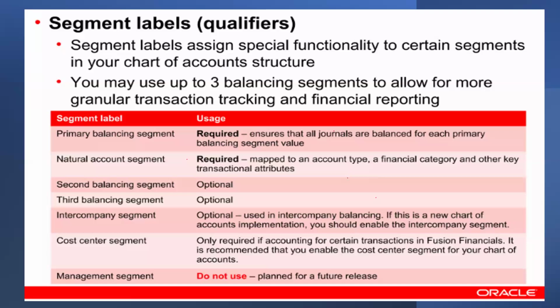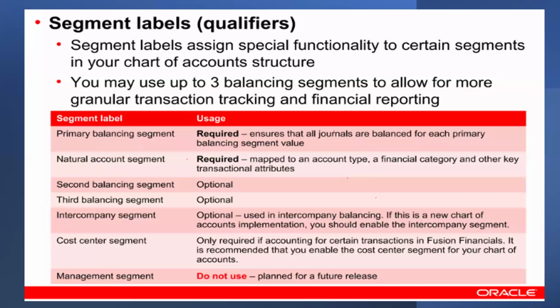So these two are mandatory to deploy or confirm an enterprise structure. There are many other segment labels we can see: secondary balancing segment, third balancing segment, intercompany, cost center. These are all optional based on the requirement. Let's see the cost center segment. It is required only when you are doing expense related activities or expense model related activities.